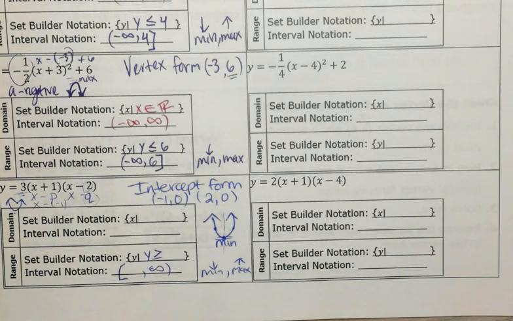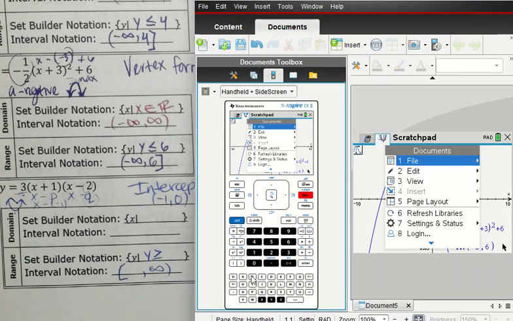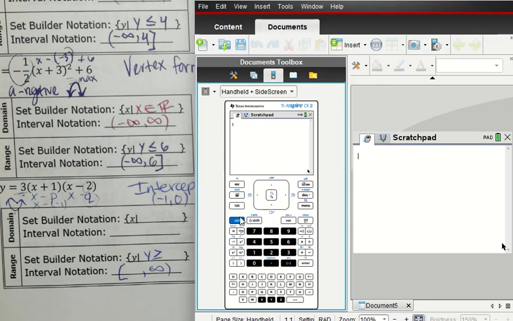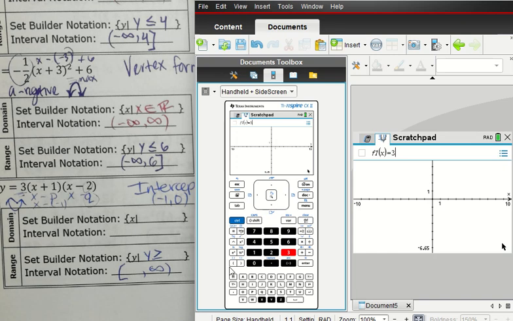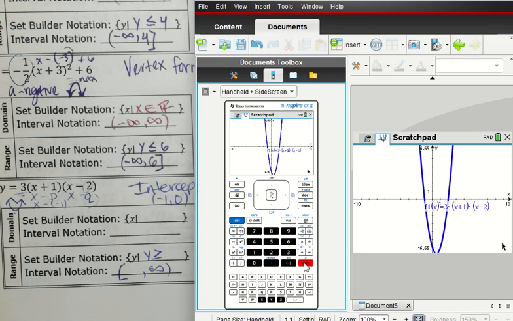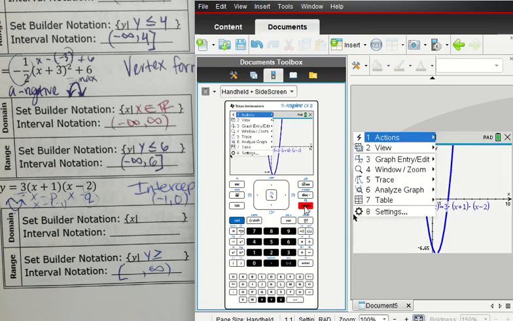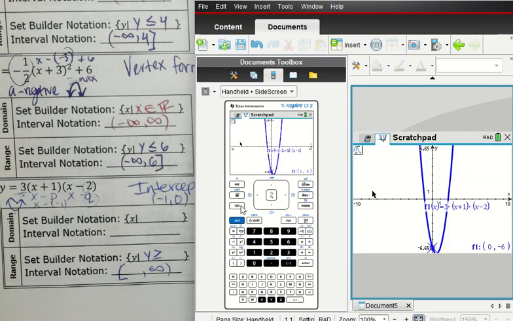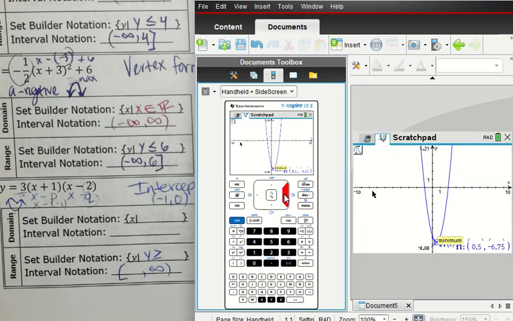So let's just graph it in the calculator to find it. So I'm going to clear it and write 3 times x plus 1 and x minus 2. So then we trace minimum, it says 0.5, comma negative 6.75.